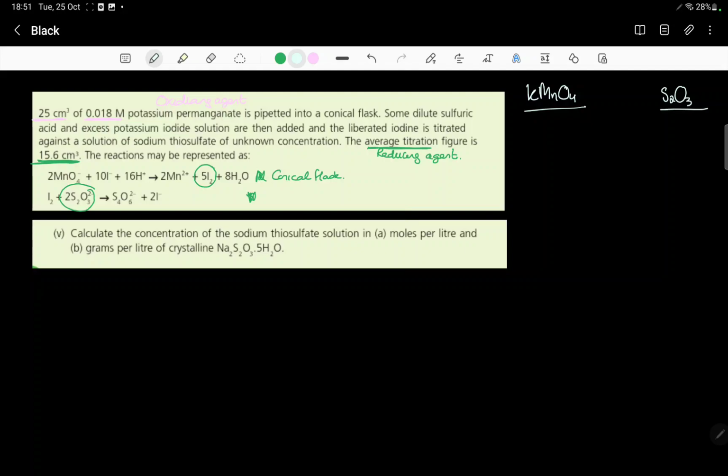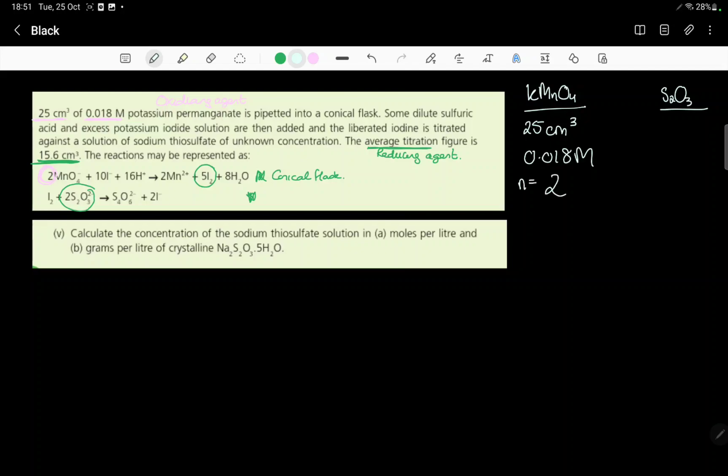Okay, so I have 25 centimeters cubed of the potassium permanganate section. The molarity was 0.018 molar. And I have no other information. Well, I have the information in regards to the chemical equation here. We can see we have a 2 in front of the potassium permanganate. So I have that information as well.